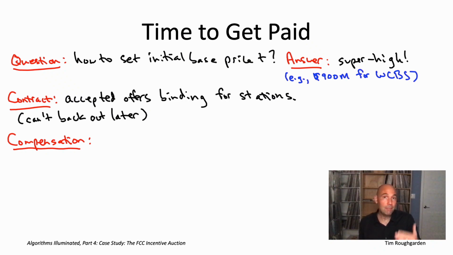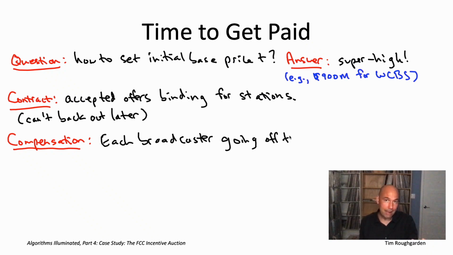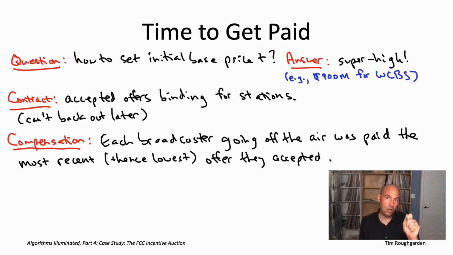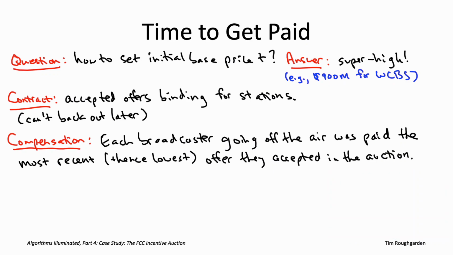So if you think about that, that means that each station going off the air will be paid the amount of its most recently accepted offer. So the offer from the iteration before the one in which it departed, before the one in which it declined the offer. That previous offer, the last one it accepted, that will be the payment made to the departing broadcaster.